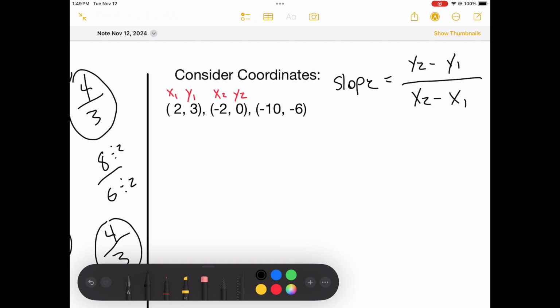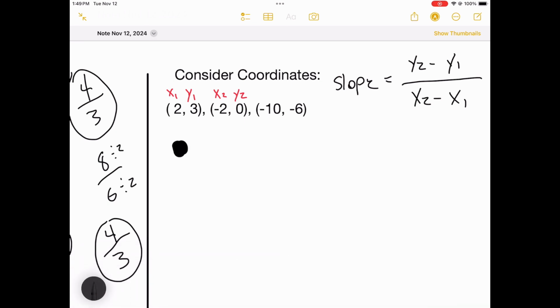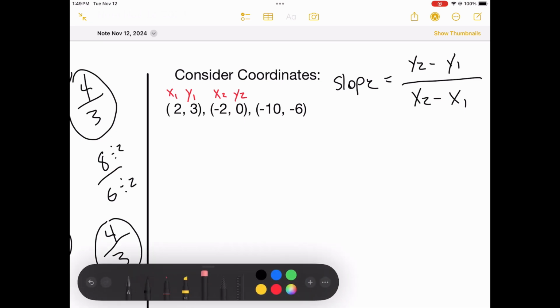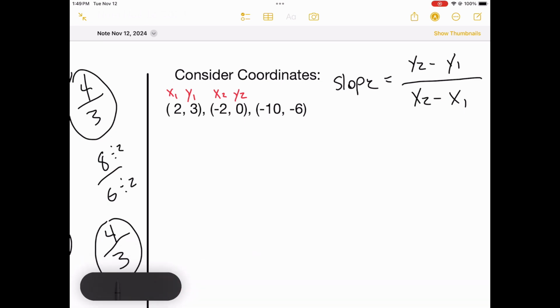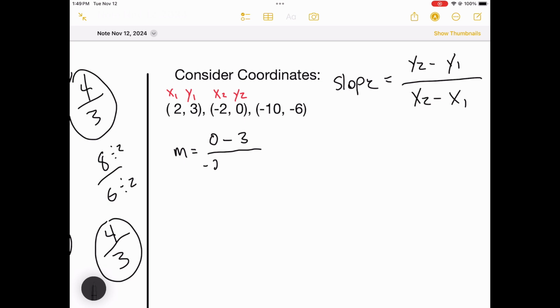So my slope, or my m in y equals mx plus b, is going to be y2, which is 0, minus 3, over my x2, which is -2, minus my x1, which is 2.